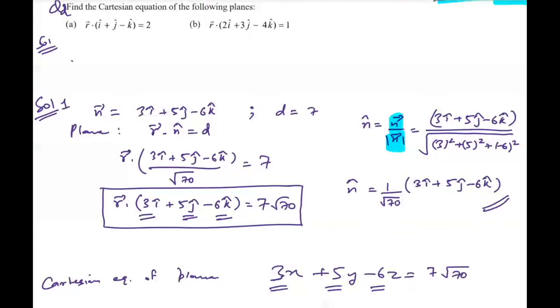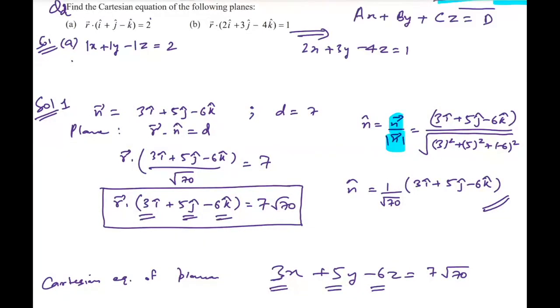Okay, B part, what will be the answer? Ax plus by plus cz equals d. See, I have a plane here. The plane is given: 3x minus 2y plus 6z plus 14 equals 0.